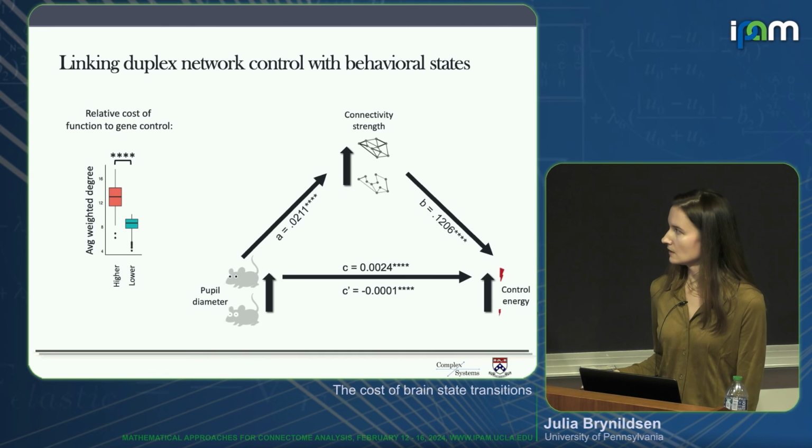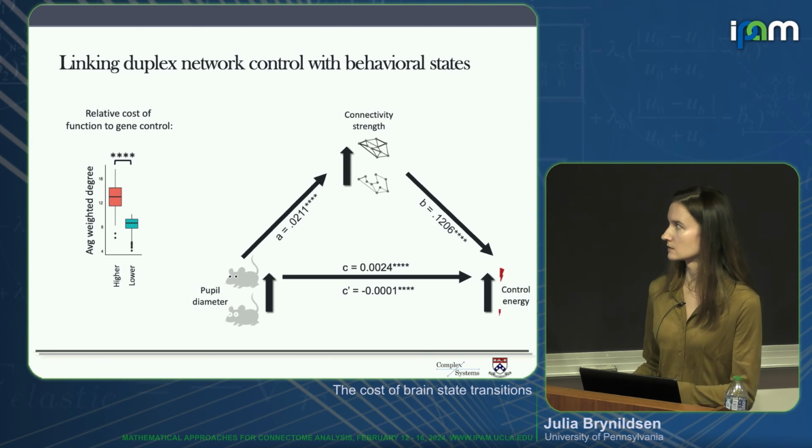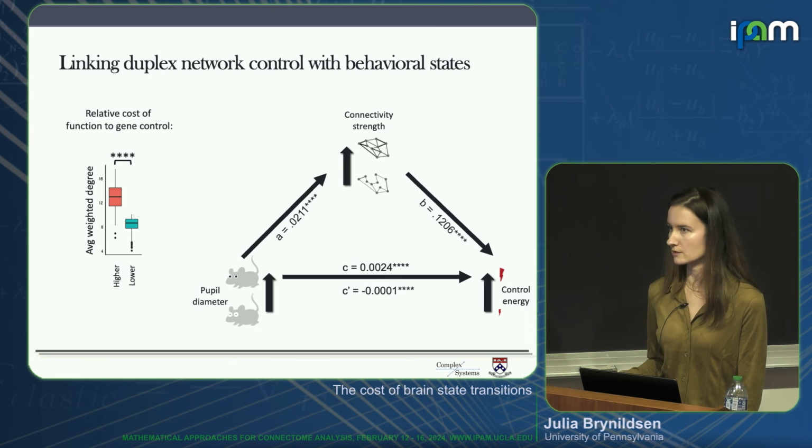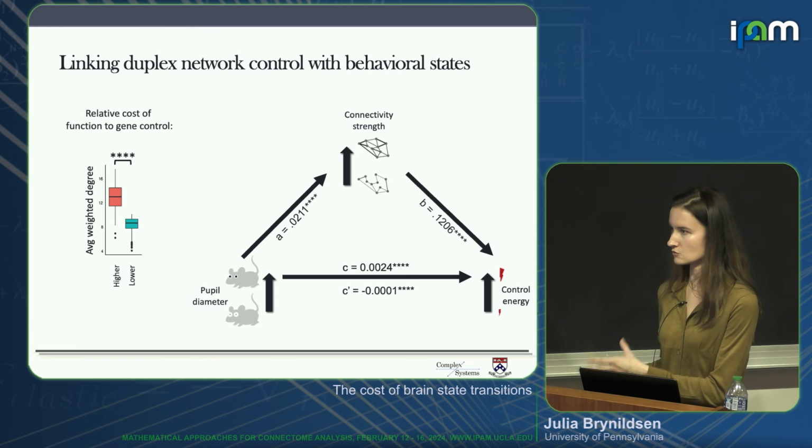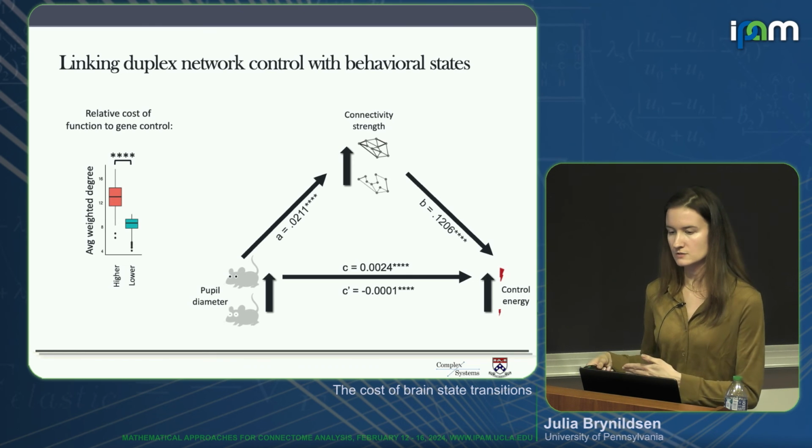And if we look at differences in state, it becomes apparent that there's a positive relationship between arousal and connectivity strength, and then between connectivity strength and control energy, such that higher arousal states seem to be associated generally with higher functional connectivity and higher control input to drive state transitions.